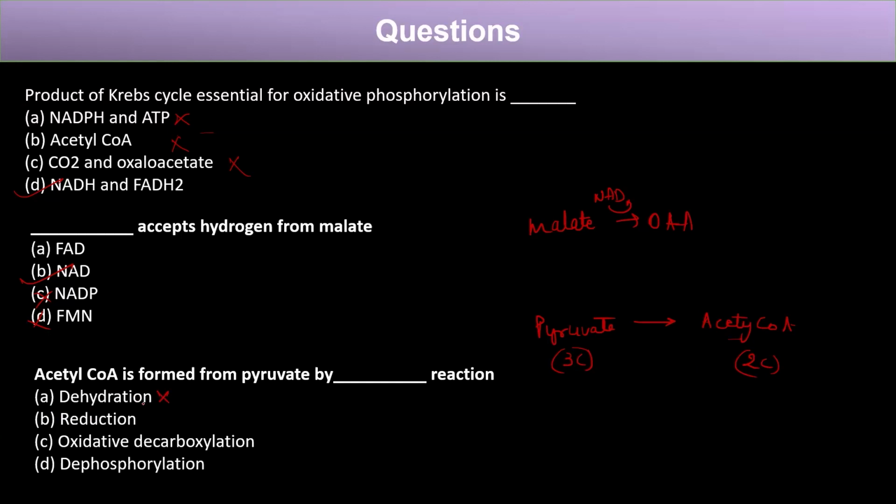Reduction was of NAD to NADH, not reduction of pyruvate, so this is also incorrect. The third option is oxidative decarboxylation. Yes, it takes place. Pyruvate undergoes oxidation and decarboxylation. What about the fourth option, dephosphorylation? No, because no phosphate group is involved. So the correct answer is oxidative decarboxylation.